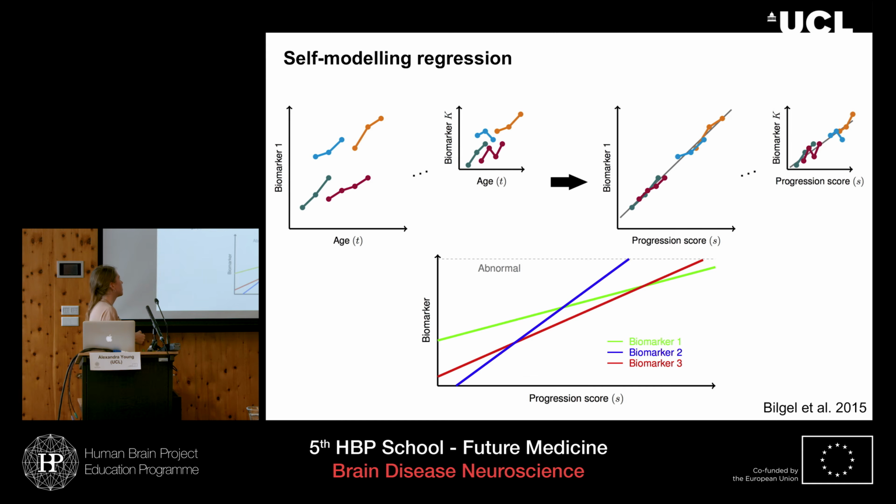However, we can instead derive a progression score type of model, and by incorporating the fact that there's some time shift according to disease stage, we can estimate a much more accurate biomarker progression pattern.